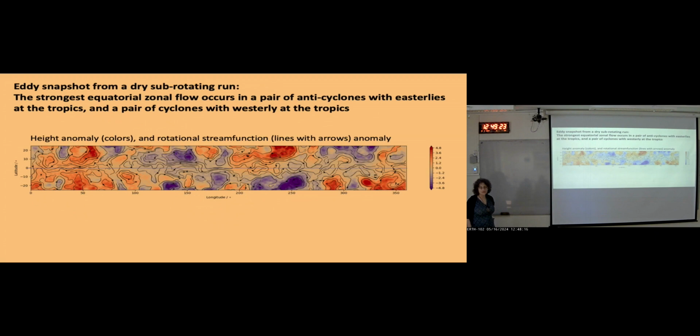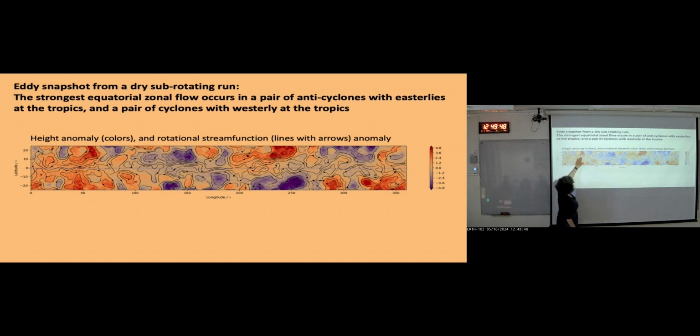And this is a snapshot. We've looked at a lot of these, but this is a snapshot from the dry sub-rotating run. And you see many, many scales and eddies. This is the eddy field. We've subtracted the zonal mean wind like that.